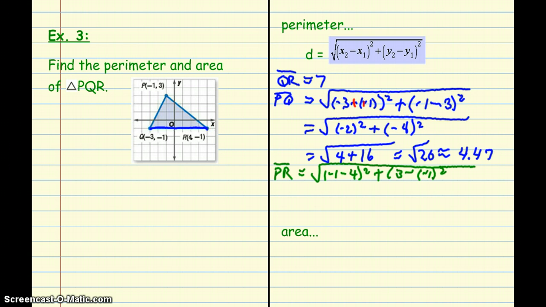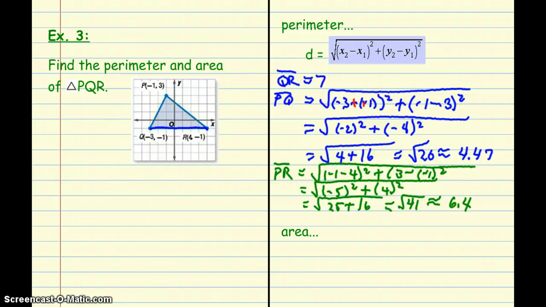Again, do what's inside the parentheses. Negative 1 minus 4 is negative 5 squared plus 3 minus negative 1 is 4. Negative 5 squared is 25 plus 16, and add those together, we get the square root of 41. And again, let's type that in to see what the decimal equivalent is. So square root of 41, I get 6.40, so we've got 6.4.